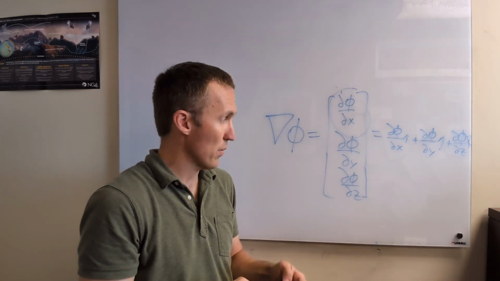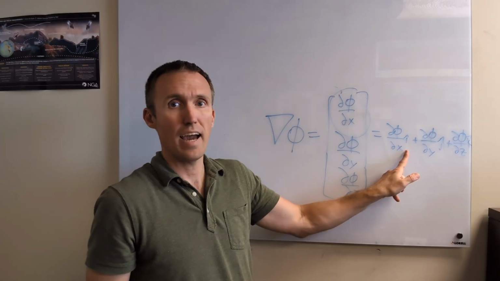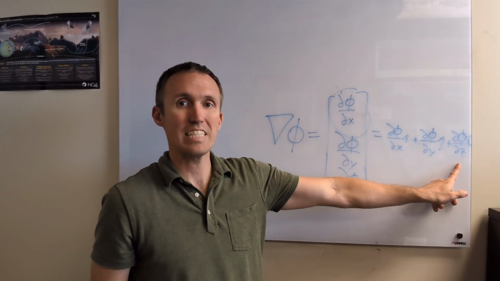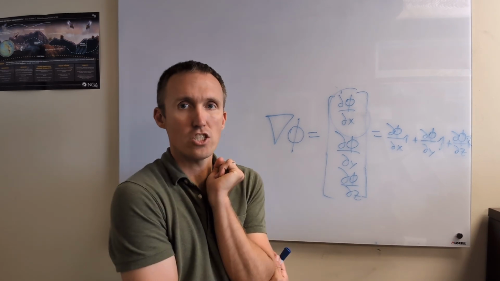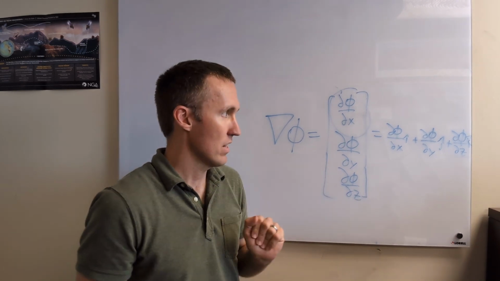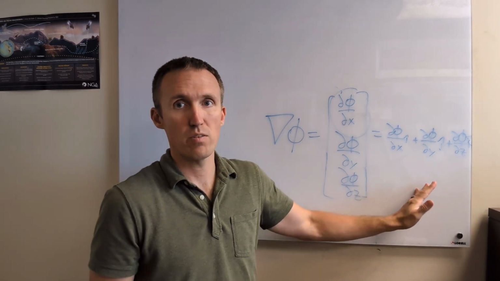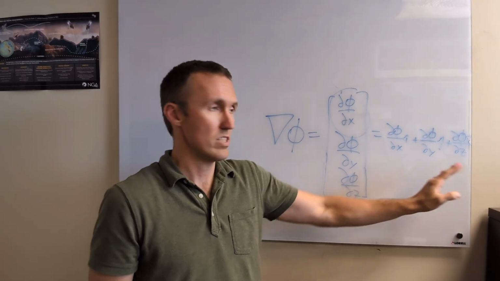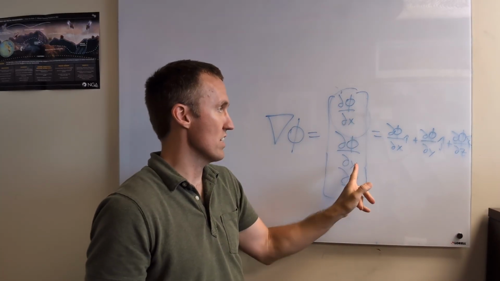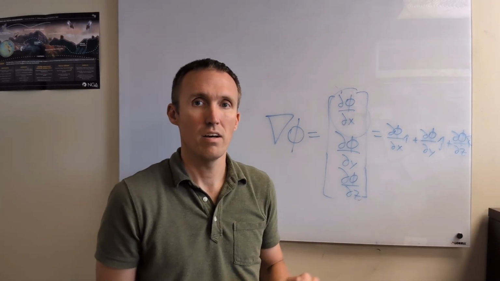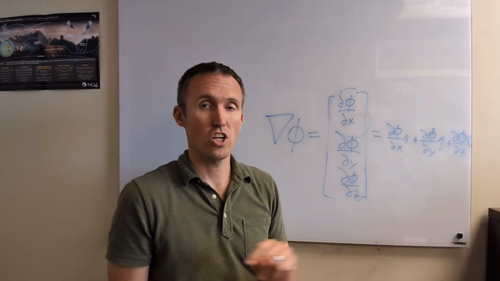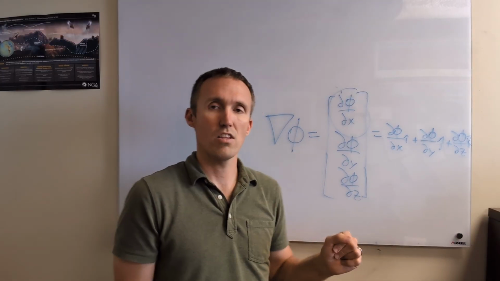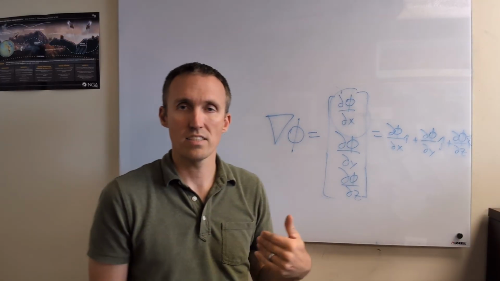I don't know if you can see that very well, but that's d phi dx i hat plus d phi dy j hat plus d phi dz k hat. So i, j, k are the unit vectors there. Now, this is a perfectly fine way to represent a vector. It's 3 components. These 2 things are exactly the same. So d phi dx, d phi dy, d phi dz. And then the i hat, j hat, and k hat are just saying that these different components are in those x, y, and z directions.